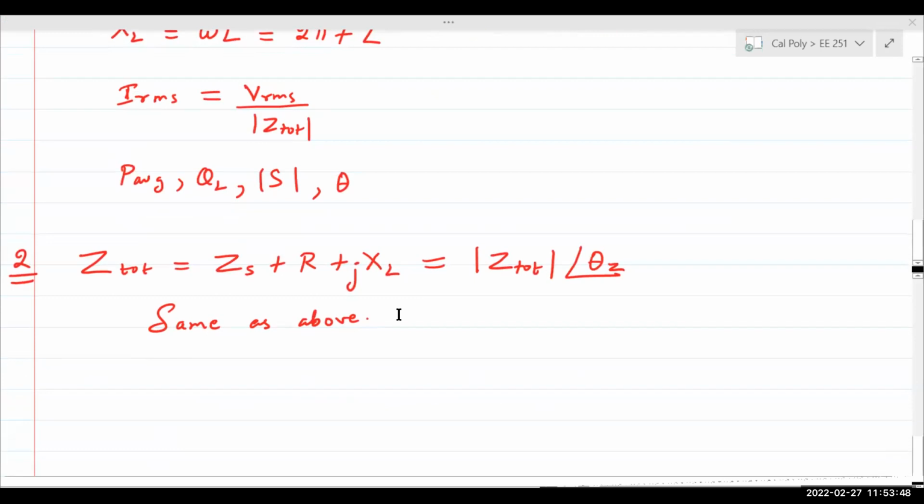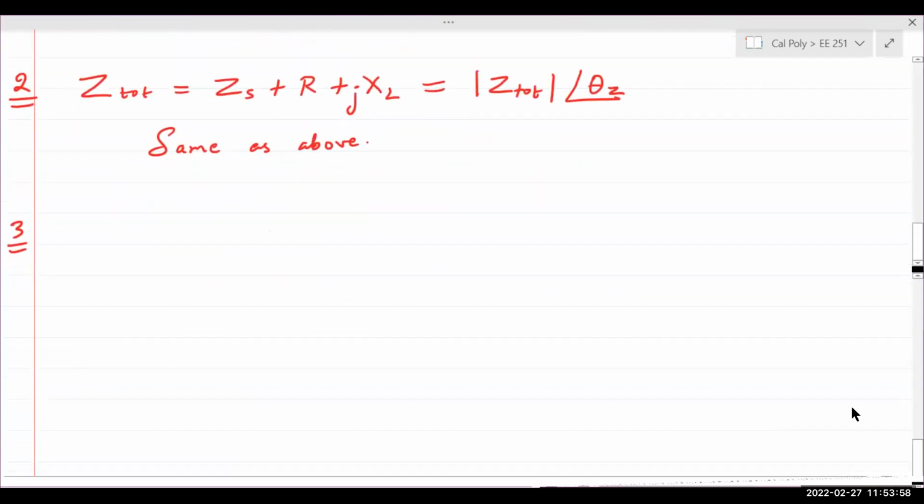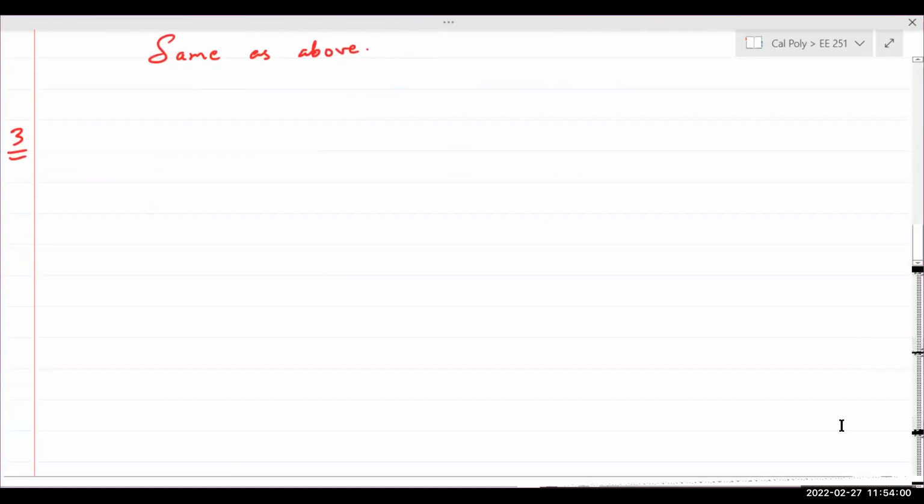So question number 3. Let's scroll down a bit. You have a source, you have ZS, and you have a resistor.